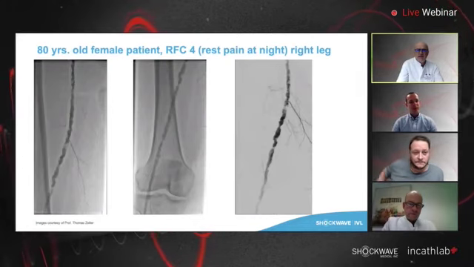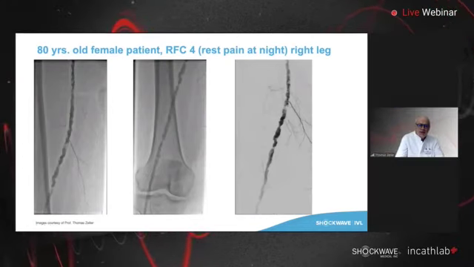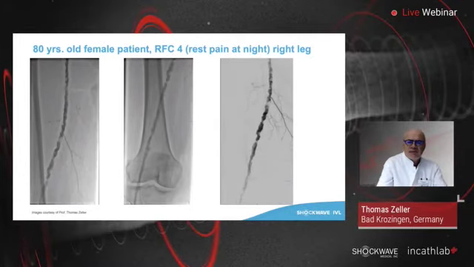It's an 80-year-old female patient who presented with rest pain at night on her right leg, mainly on the forefoot level. What is missing here are the outflow images. So there was also 3-vessel outflow disease at the calf level.